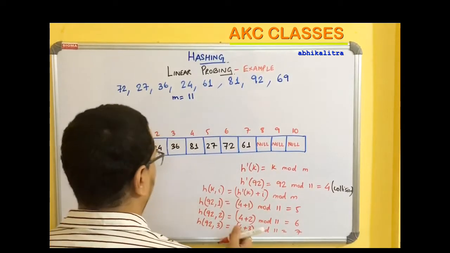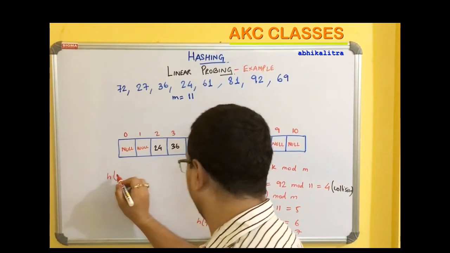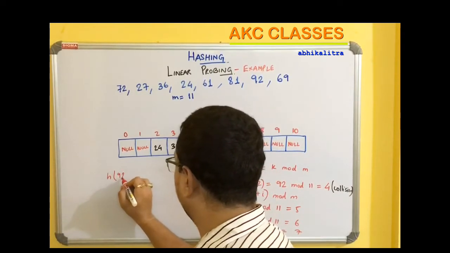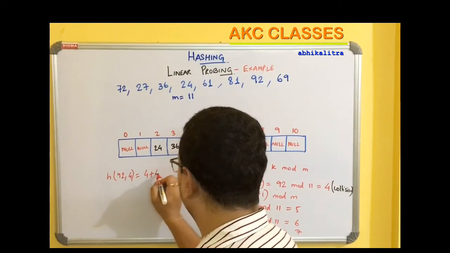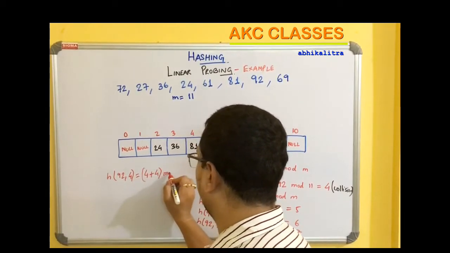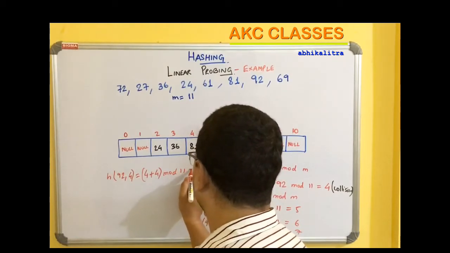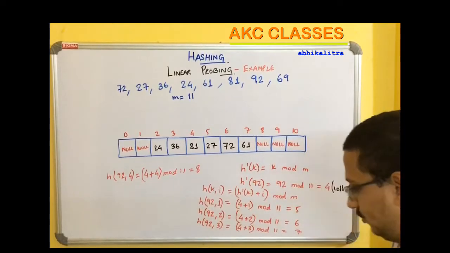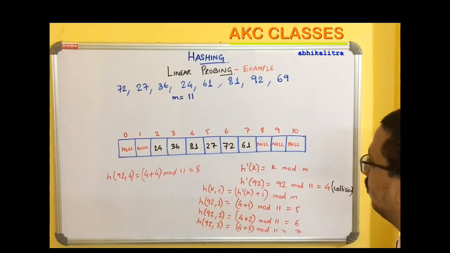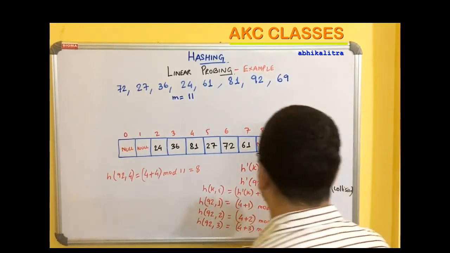So we will move to h of 92 comma 4, which is basically 4 plus 4 mod 11. So this will give me 8. Right? So we check whether 8 is empty or not. Yes, it is. So we are going to put 92 in the 8th location.